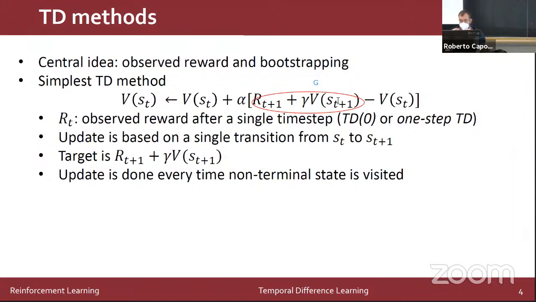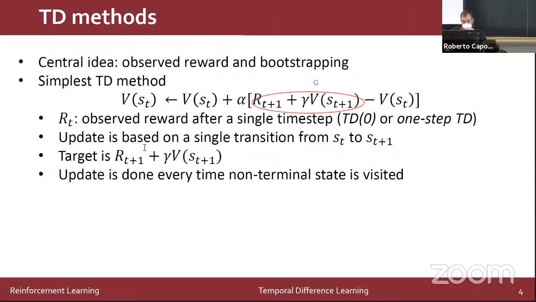In temporal difference methods, we update the value function at every transition. And this is allowed by simply replacing G with its estimate. We are relying on an estimate to update our estimate, and this is called the bootstrapping process.